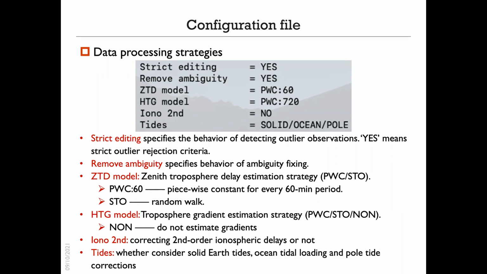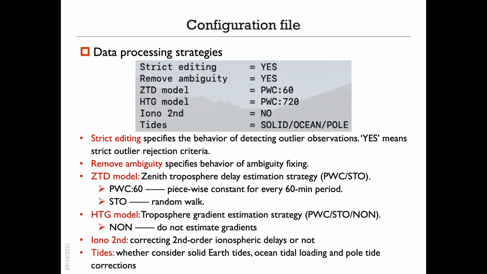And then we come to the ZTD model and the HTG model. The ZTD model is for the zenith troposphere delay estimation strategies. We have 2 strategies. The first one is PWC, meaning piecewise constant. And the second one, STO, means random walk estimation. Most people like the random walk estimation of the zenith troposphere delays.